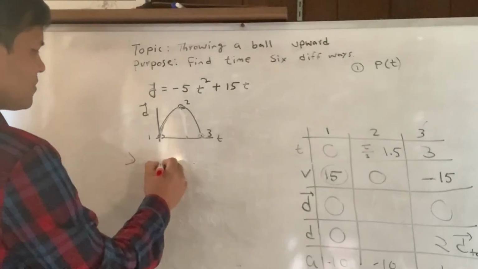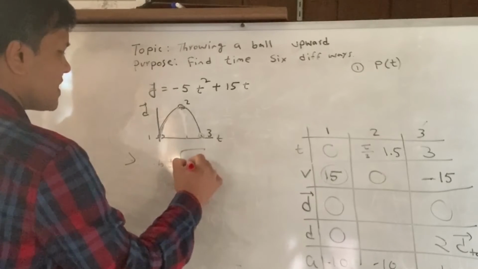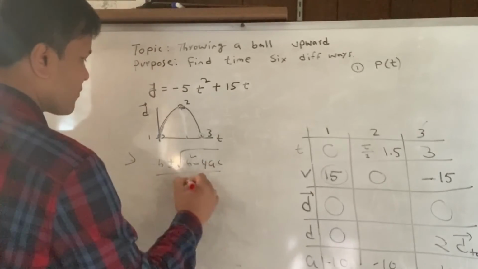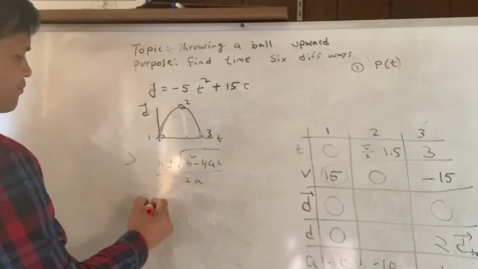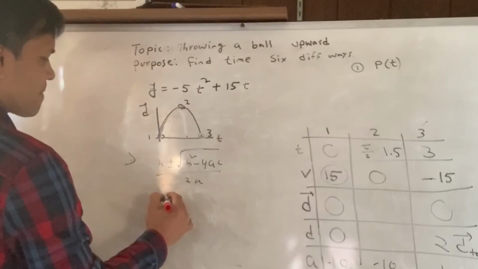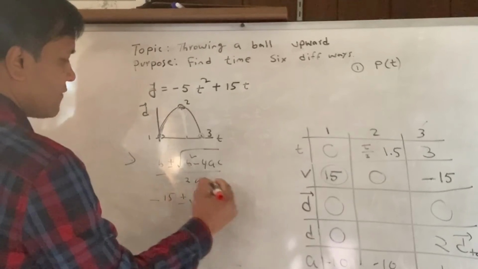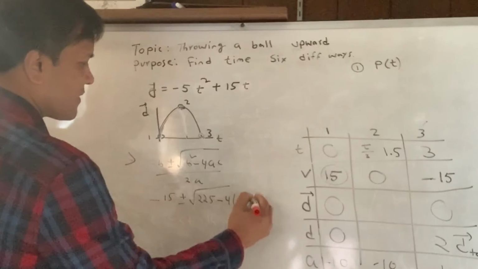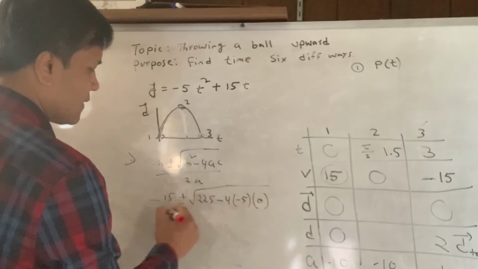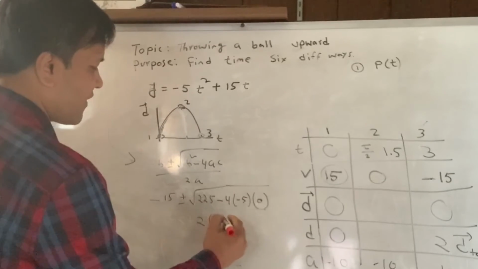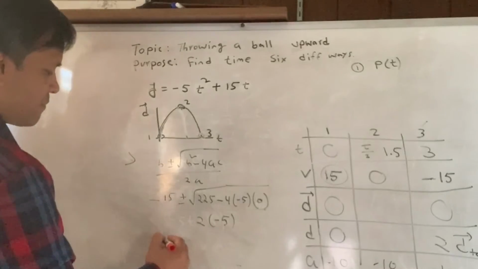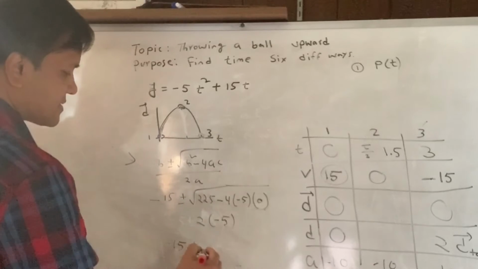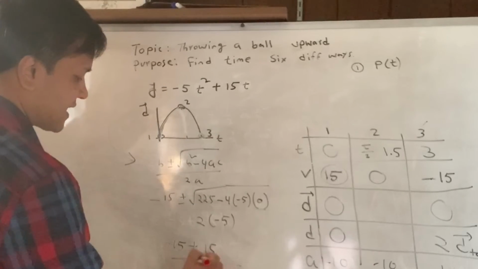We're going to use the quadratic formula to solve this problem, and that is minus b plus or minus the square root of b squared minus 4ac, over 2a. So b is 15. 15 squared is 225. Minus 4, a is minus 5 and c is 0, over 2 times negative 5. So I have negative 15 plus or minus 15 over negative 10.